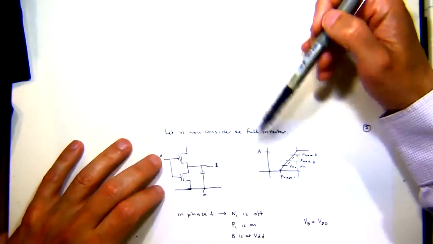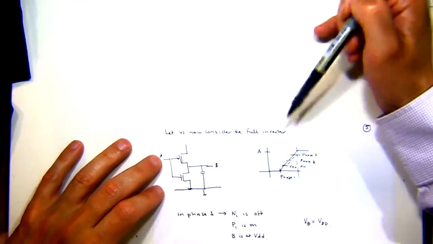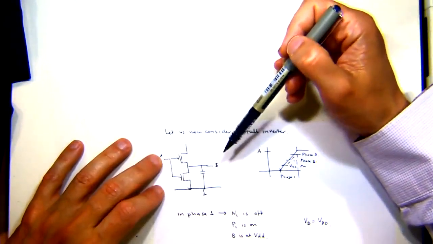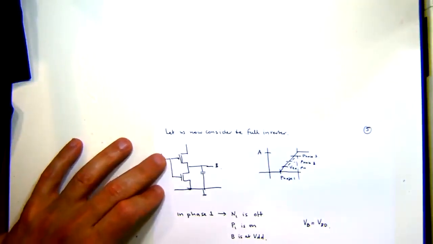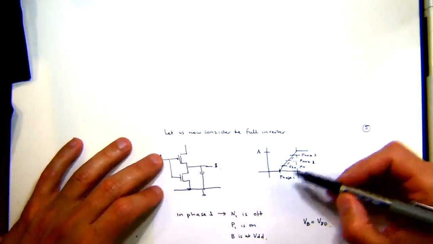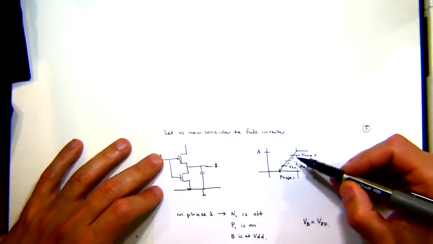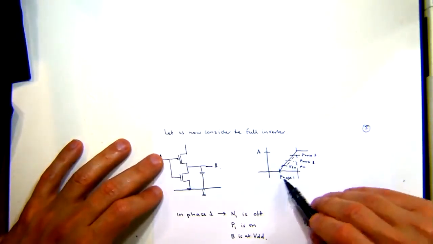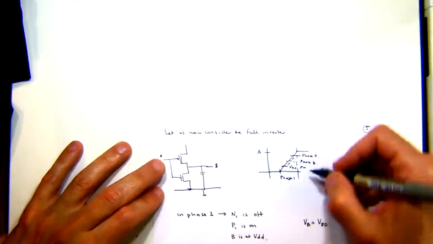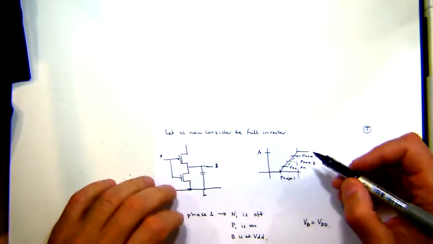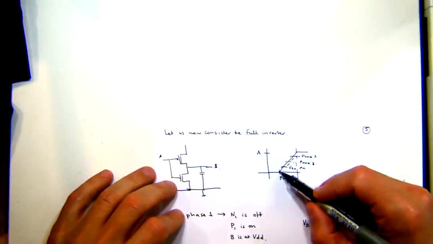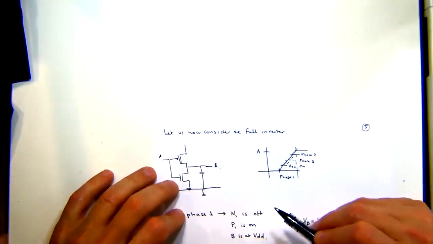So now let's consider this inverter, and essentially what I'm going through now is what happens when we don't have a sharp edge. Let's now assume that the input A is from another gate, and essentially it has a finite rise time.